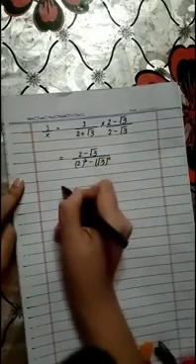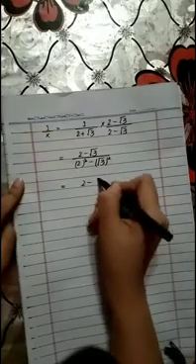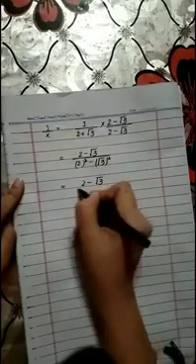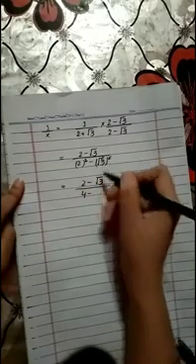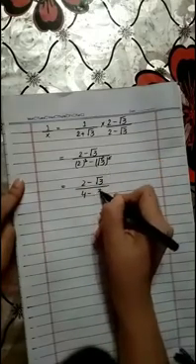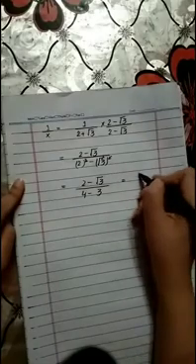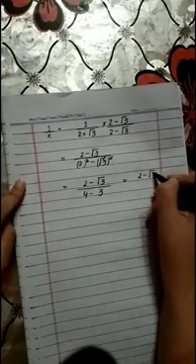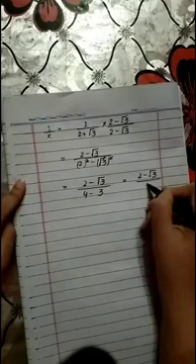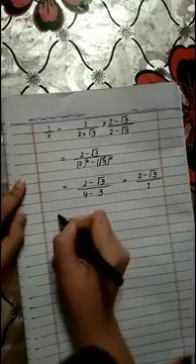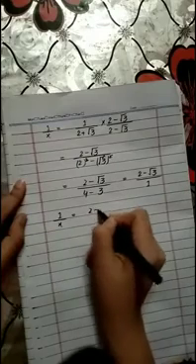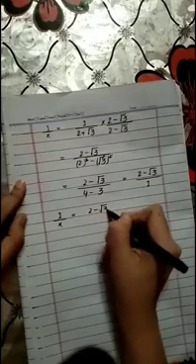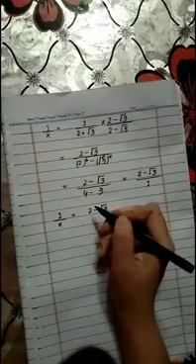A square minus b square, that is 2 minus square root 3 by 2 squared, that is 4, minus square root 3 squared, the square root cancels with the square, that is 3. So what is left? That is 2 minus square root 3 by 1, meaning 1 by x is equal to 2 minus square root 3. 1 by x we have found.